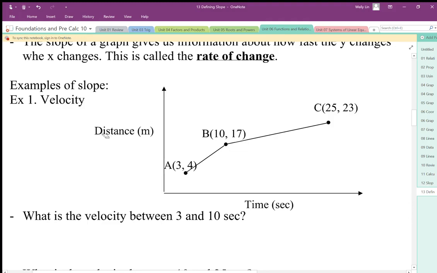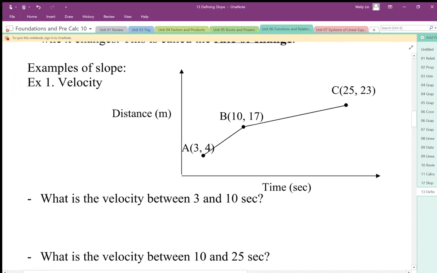The change in the distance over the change in time is displacement, and that represents velocity. And the velocity in this case is going to be measured in meters per second.